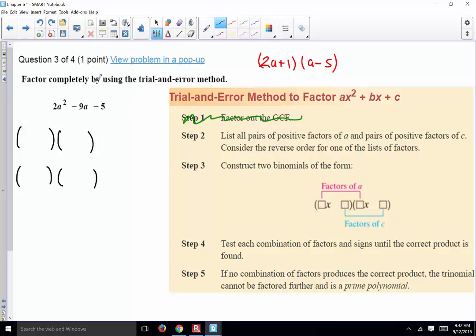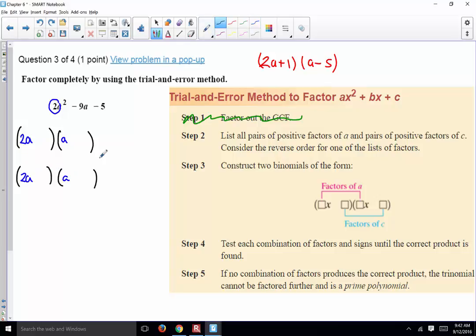So let's test it. Now, how did she get this answer? We first break this number 2. And how convenient this is. 2 only breaks into either 1 or 2. No other option. So I put 2a here and a here. 1 and 2. 1a, 2a. 2a, a.